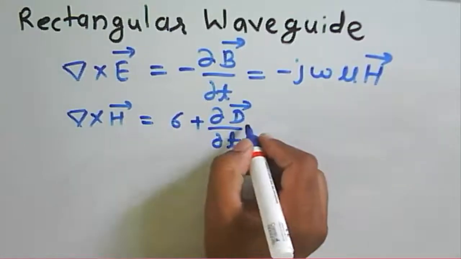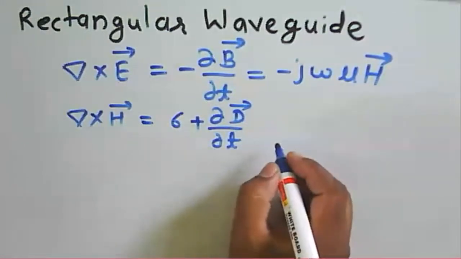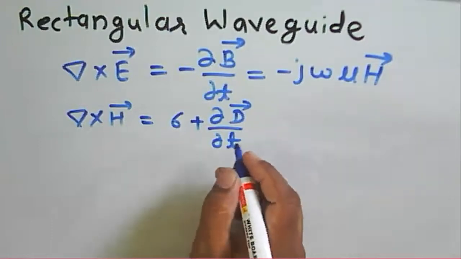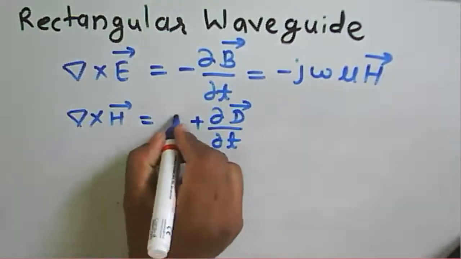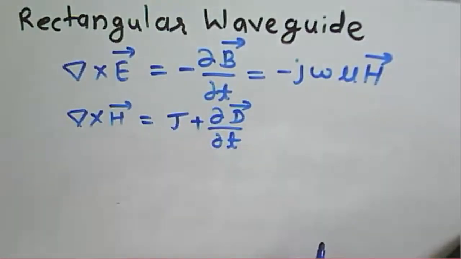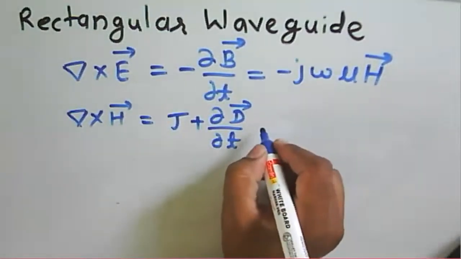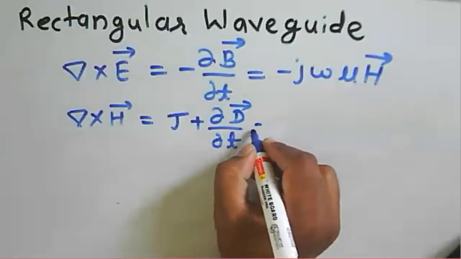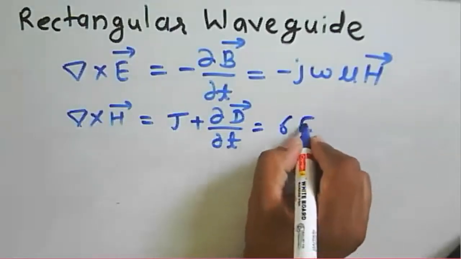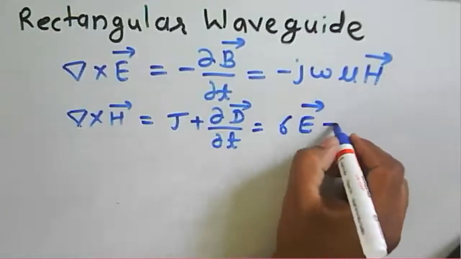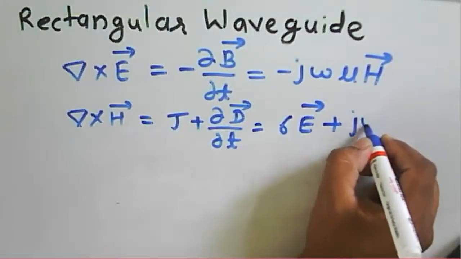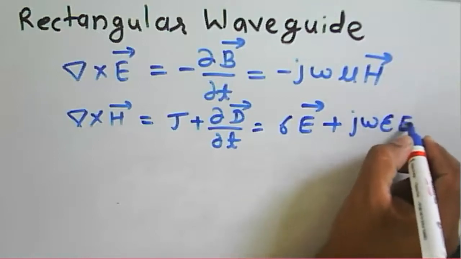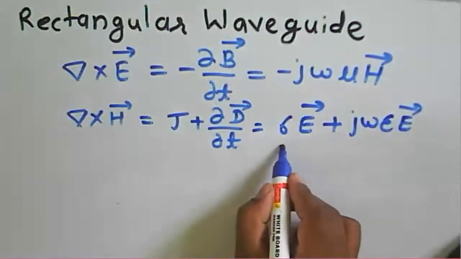This one is the conduction, this one is the displacement current. So instead of sigma E, we can write here only J, so J is equal to sigma E plus j omega epsilon E. Now these two components.